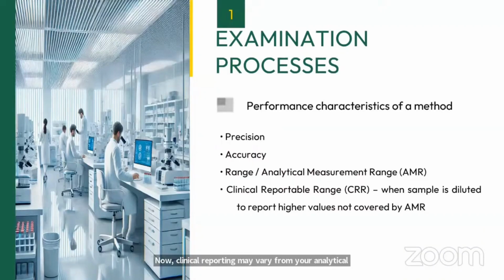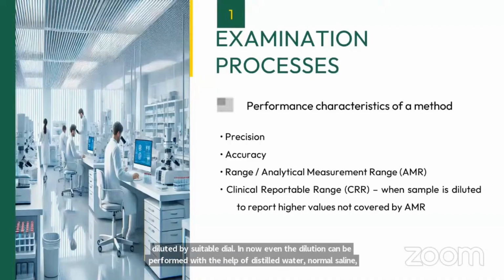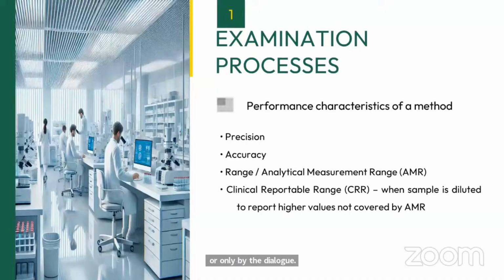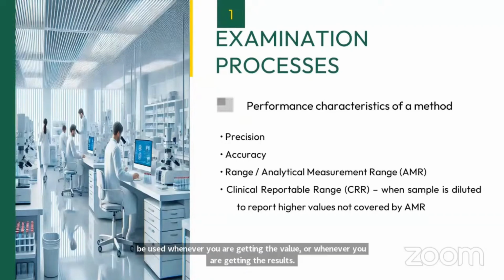Even the dilution can be performed with distilled water, normal saline, or only with the diluent which is recommended by the manufacturer. So whatever the recommended diluent is, it should be used whenever you are getting results above your analytical measurement range.